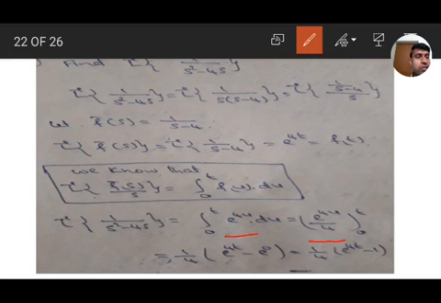So apply limits: 1 by 4 is outside, e to the power of 4t upper limit minus e to the power of 0 lower limit. E to the power of 0 is 1, so we get 1 by 4 into e to the power of 4t minus 1.